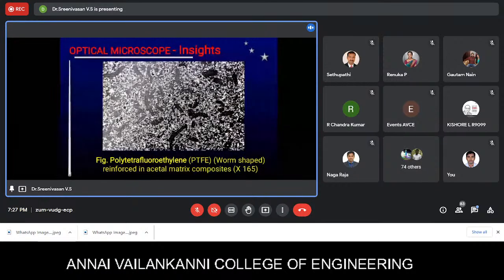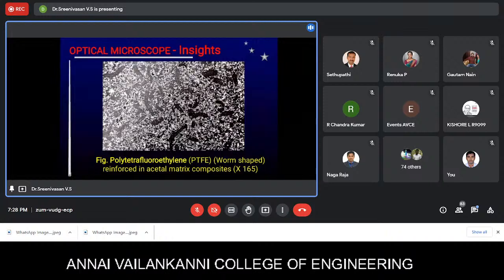Using this diagram, we can identify whether the interfacial bonding between the reinforcement and matrix is proper or improper, and whether the PTFE has a uniform distribution or whether it is floating on the specimen. If the density of the PTFE is much lesser than the acetal matrix, then floating of PTFE will occur.